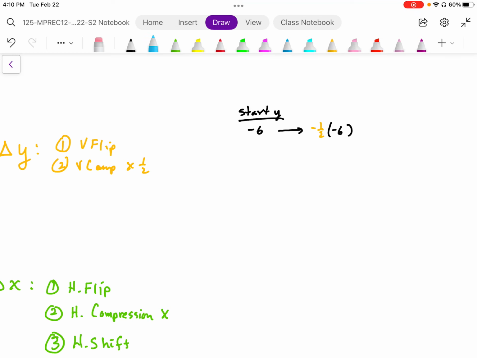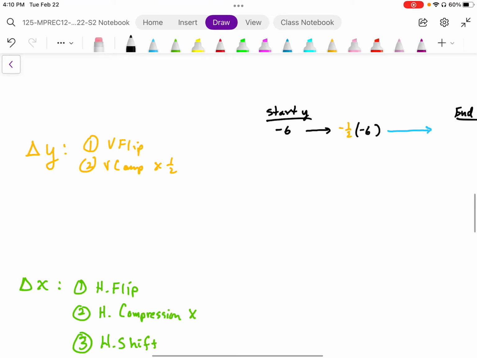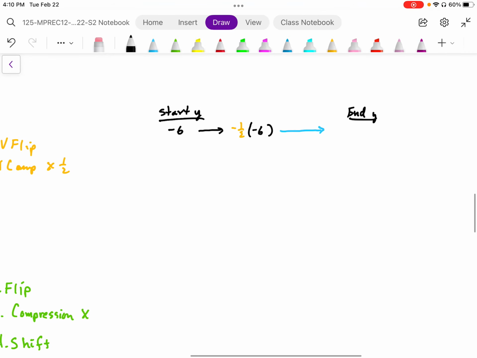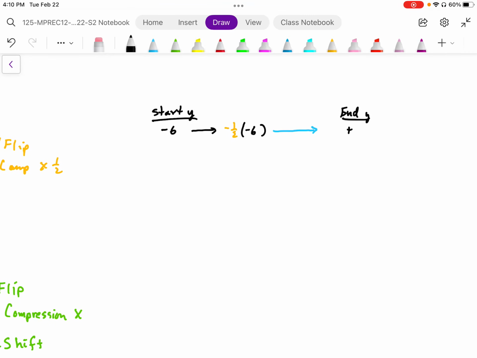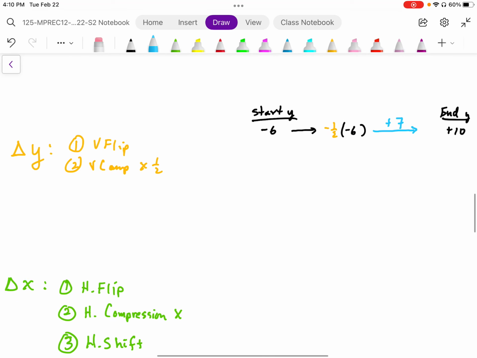And then the last step, which we don't know, is what we've got to figure out. That's got to get us to the ending position, y equals positive 10. So I'm going to end up at positive 3, and then to get to positive 10, I need a plus 7 transformation.